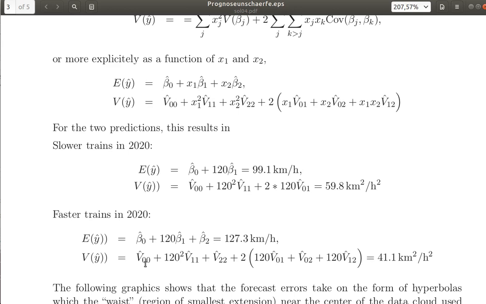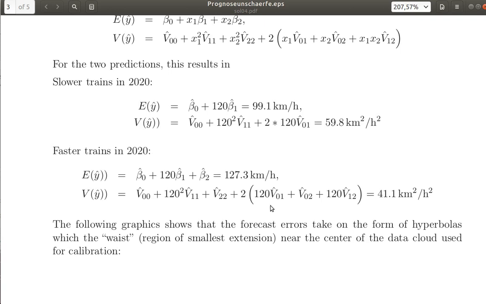So the diagonal is variance of beta 0, 120 squared variance of beta 1, and 1 times variance of beta 2, and then the 3 covariance terms, the 3 non-diagonal terms, or the 6 terms, but with a 3 multiplied with 2 because of the symmetry, and this gives this value. Interestingly, because of the negative correlations, adding some additional term reduces here even the variance.